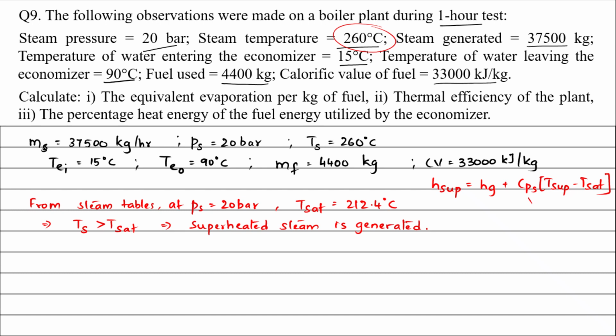From the superheated steam enthalpy tables, it is in steps of 50: I have the enthalpy for 150 degrees Celsius, for 200 degrees Celsius, for 250 degrees Celsius, and so on.